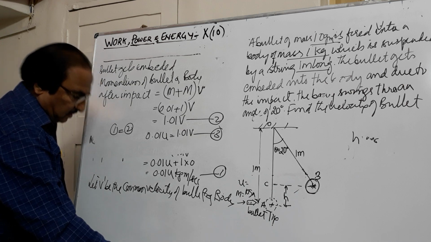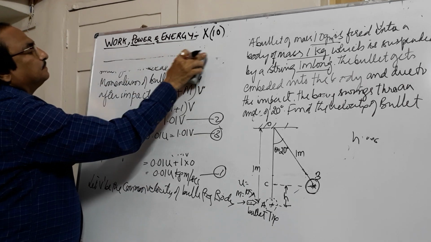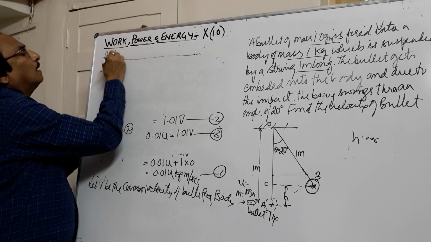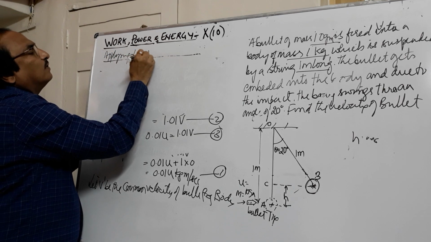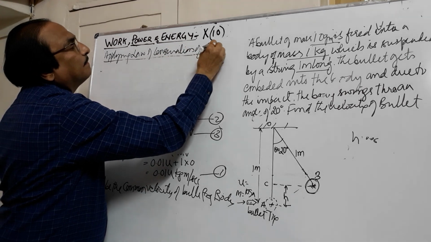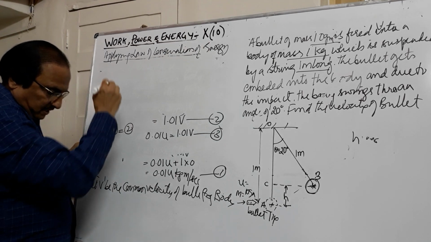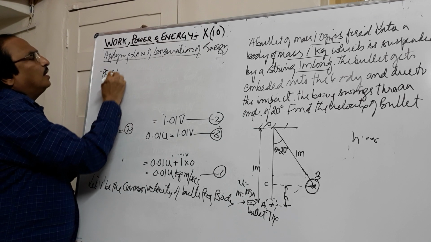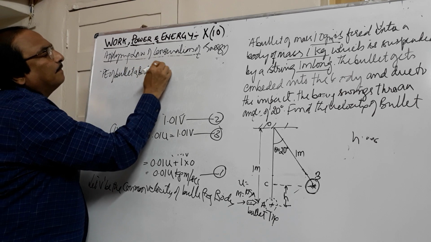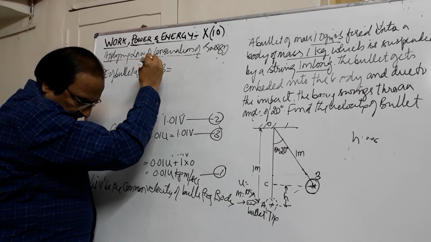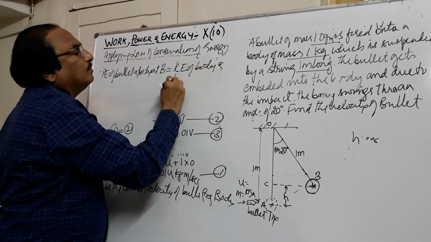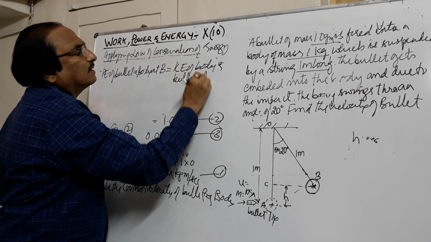Now let us apply the law of conservation of energy, which says that the potential energy of the bullet and body at the highest point is equal to the kinetic energy of the body and bullet after impact.